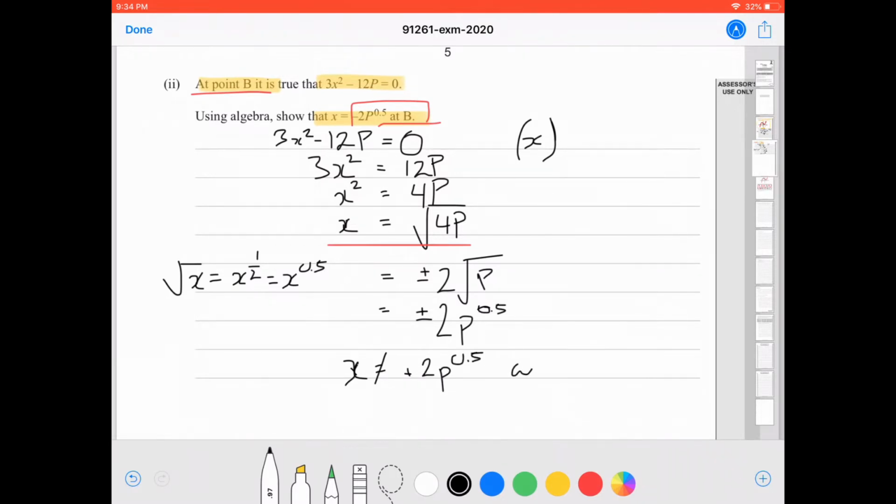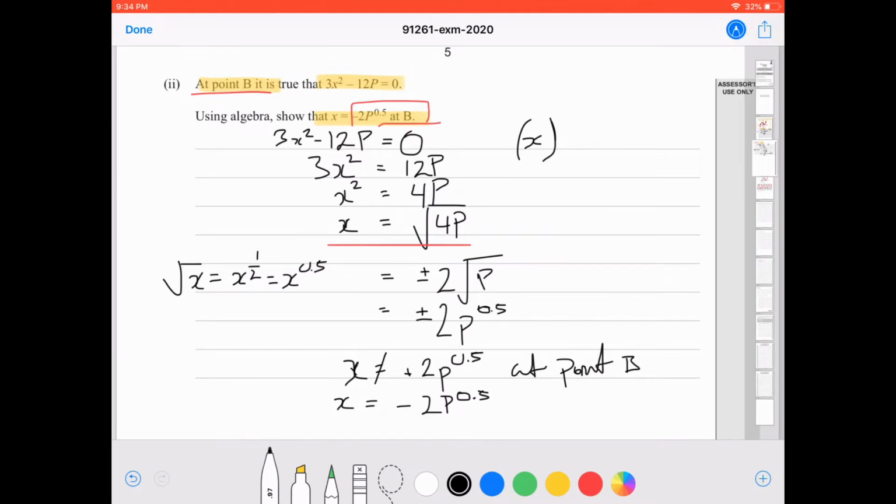Let's just say at point B, because that's the context that we're working with, at point B, x only equals negative 2p to the power of 0.5. Okay, and with that, we have done correct working and mathematical statements, including an explanation for only using the x value.